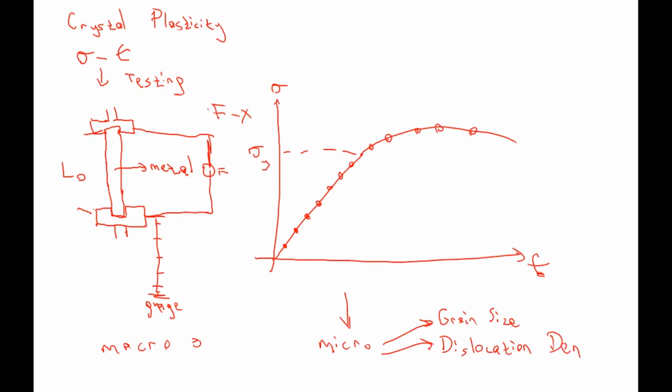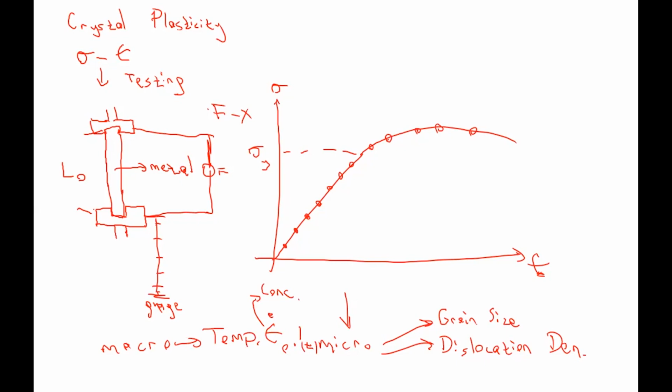For macroscopic features, we just displace the material, we pull it till fracture, and the input parameters are: temperature is one parameter, strain rate, which is constant during the tensile test, is another parameter. Of course, we have instant displacement as a function of time.